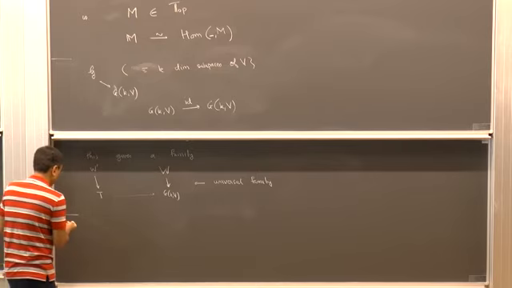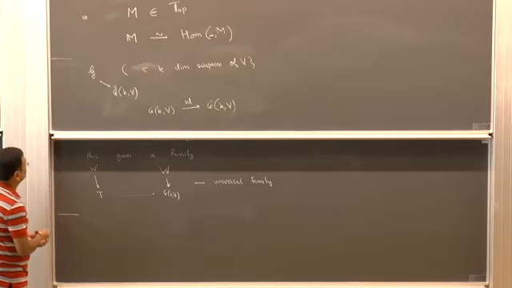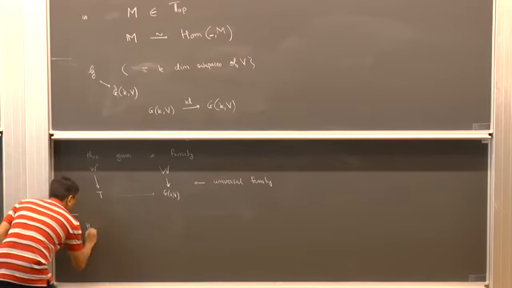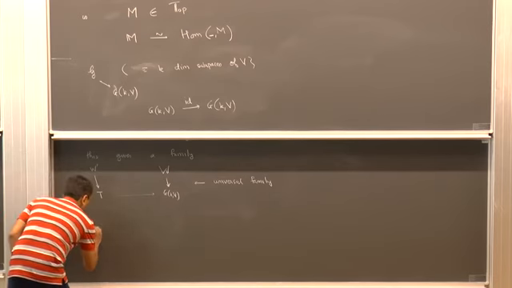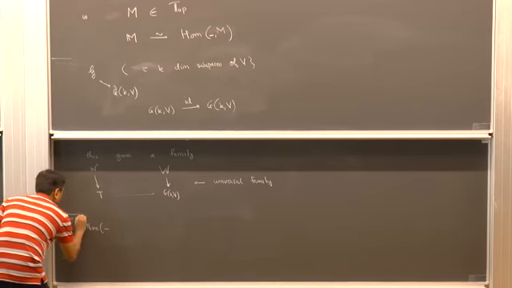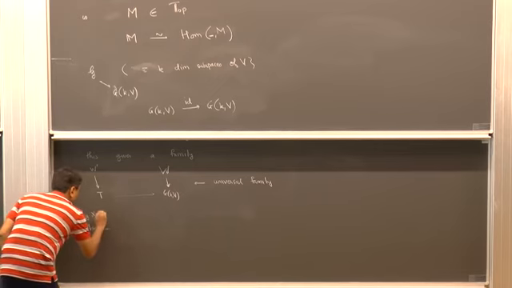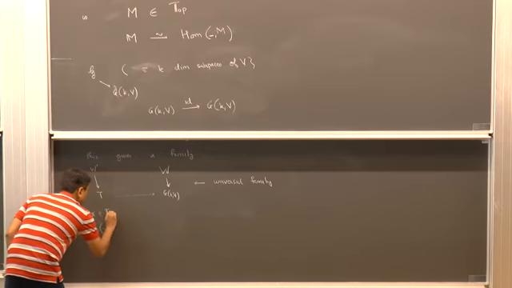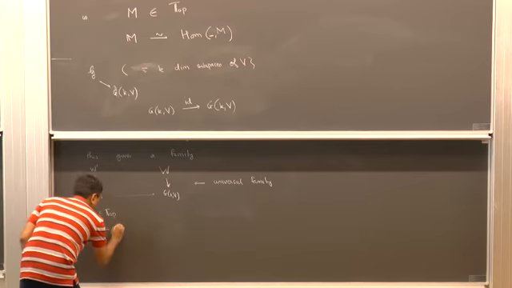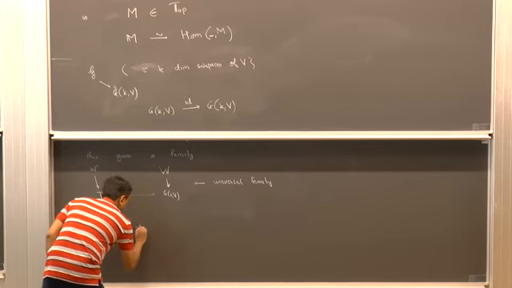The first statement is: Hom(-, X), for any X in the category of topological spaces, is a sheaf.